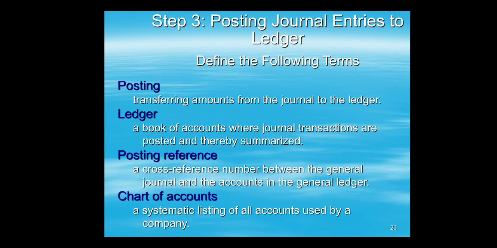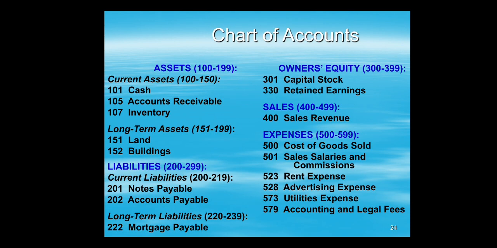It shows the list of accounts in the ledger and also the codes or reference number for each account. Okay, this is an example of chart of account. Like I said earlier, you can see chart of accounts in the early pages of the ledger book.